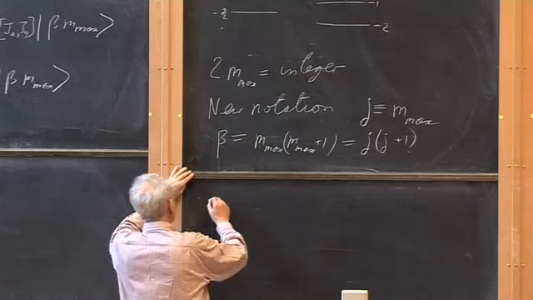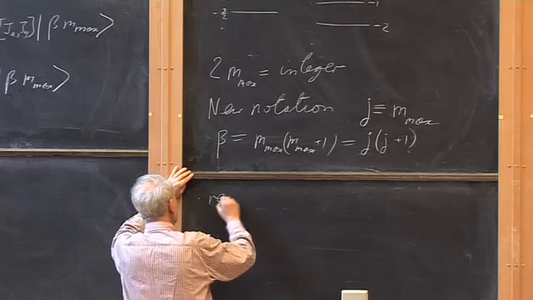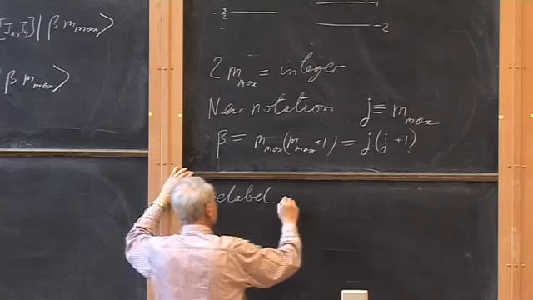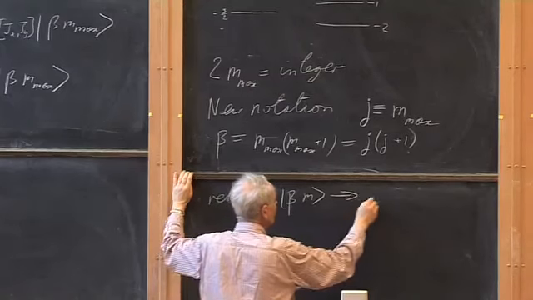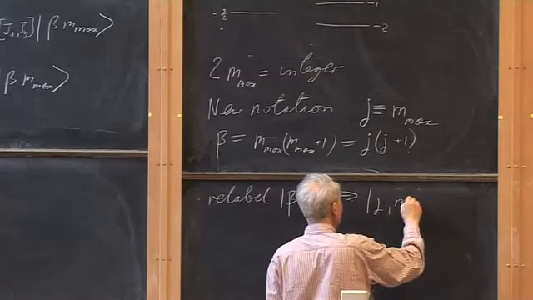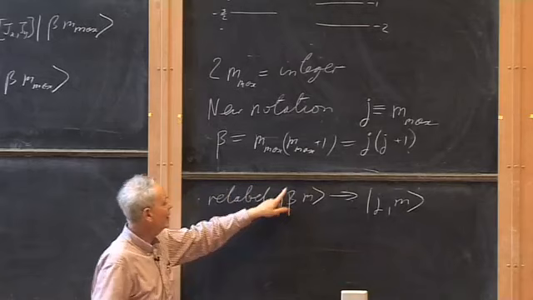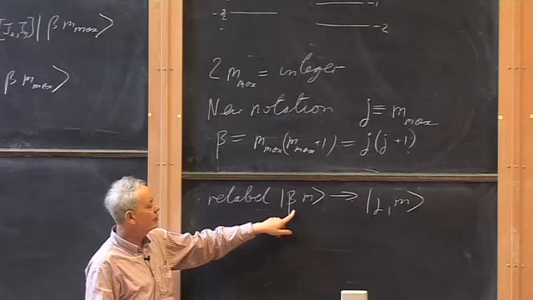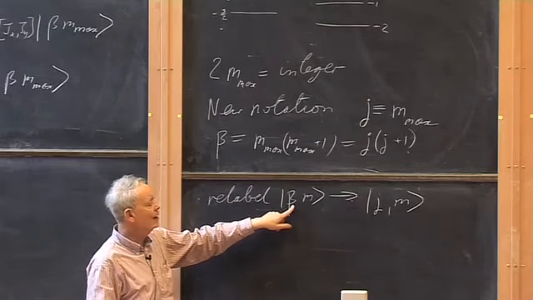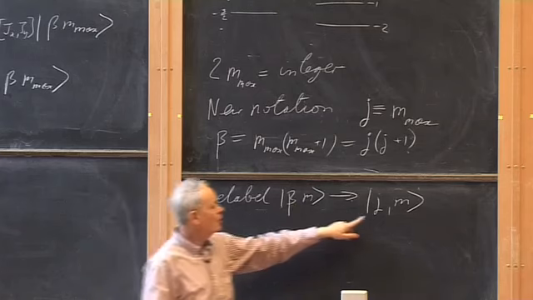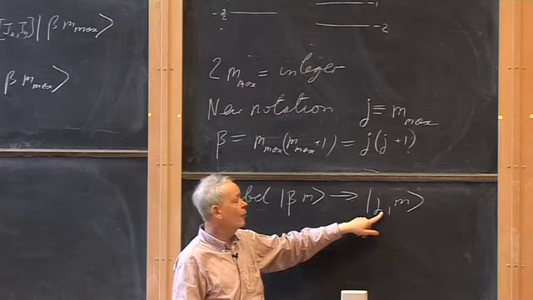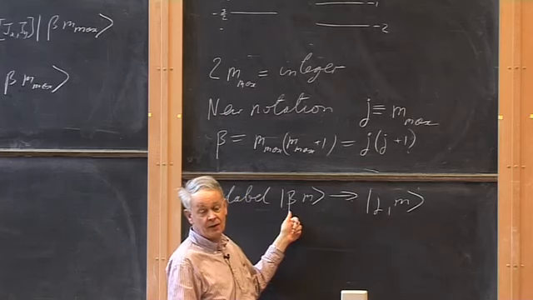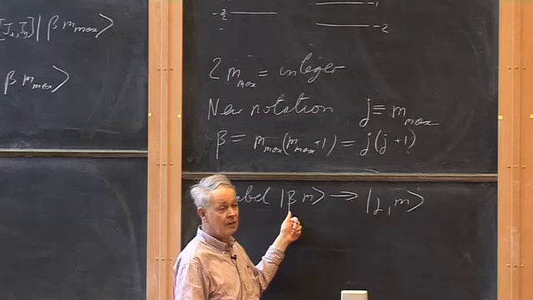So we relabel beta m to jm. Instead of using as the label in here that tells you how this state responds to j squared, instead of using the actual eigenvalue, you use this number, which is either an integer or a half integer, from which you can work out this eigenvalue, because this eigenvalue is j times j plus 1.